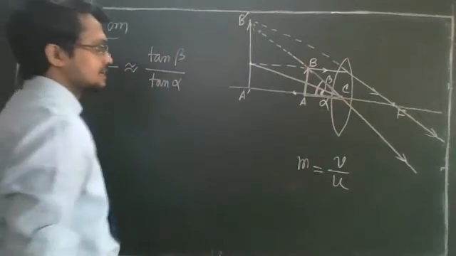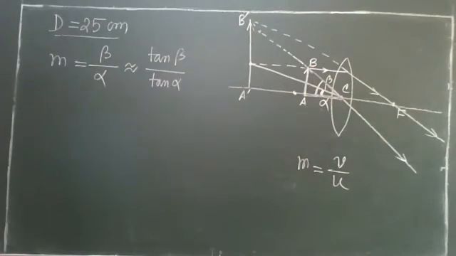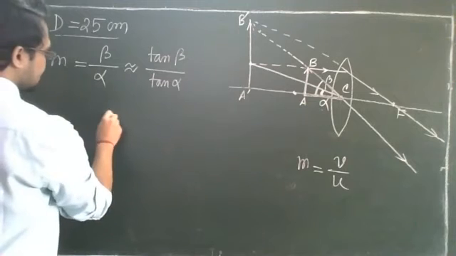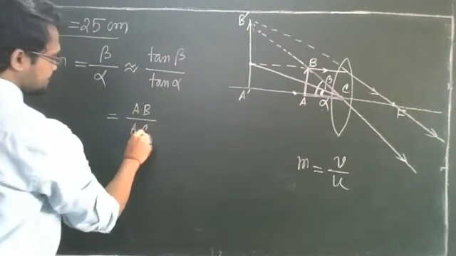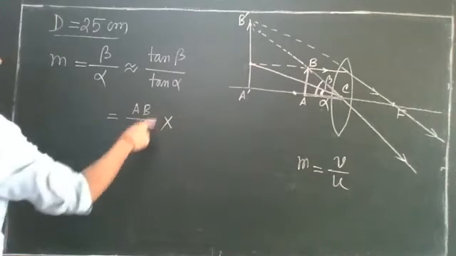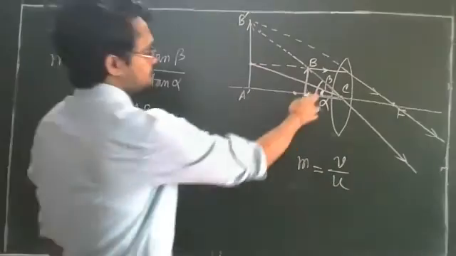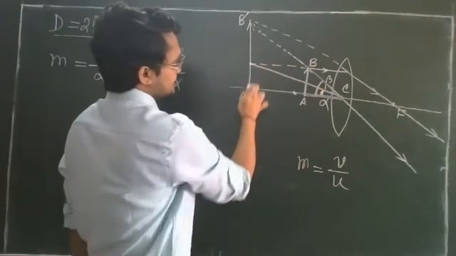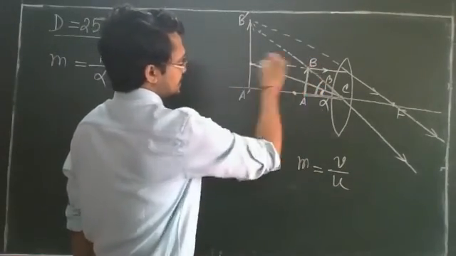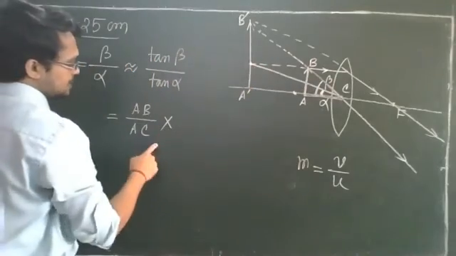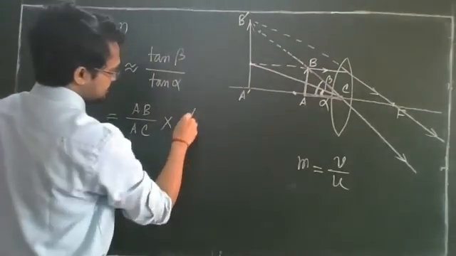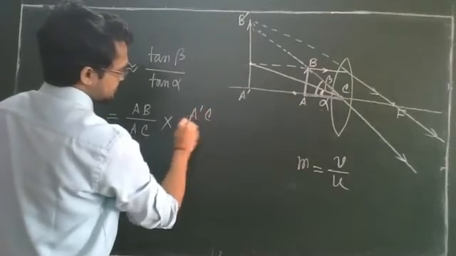So tan beta is AB by AC. So here I am writing AB by AC into tan alpha. Tan alpha means here again the height AB by A prime C. It will be reversed when I am multiplying. So A prime C by AB.